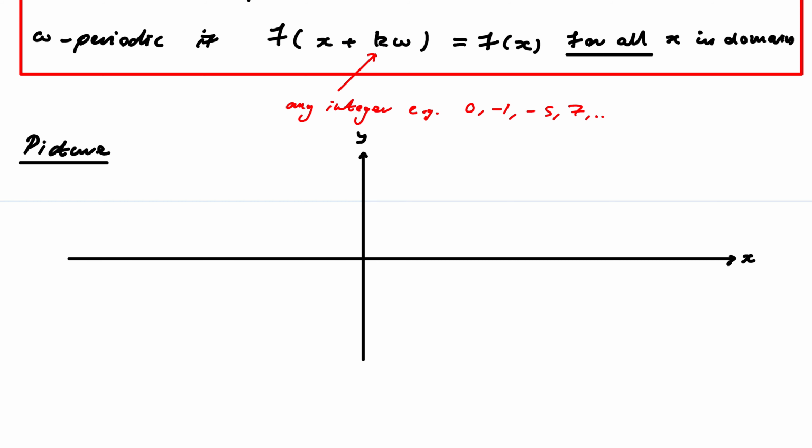And let's imagine this is where my omega is. Let's imagine this is what my graph looks like between 0 and omega. That's a really, really bad graph, but we'll take that. So that's what it's like between 0 and omega.